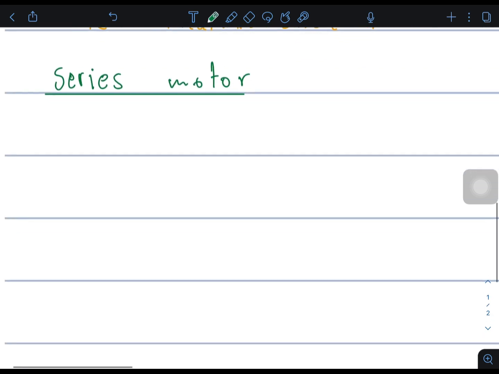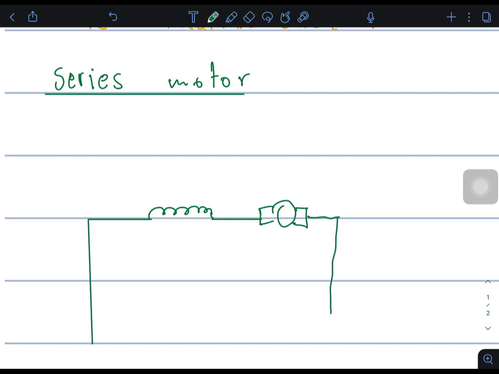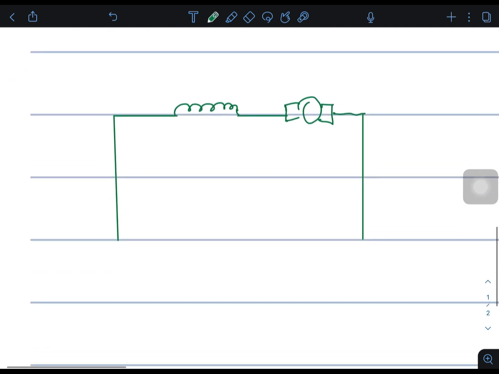Let us draw a series motor here too. Okay, there's my series motor.